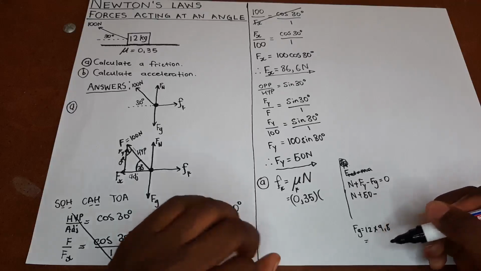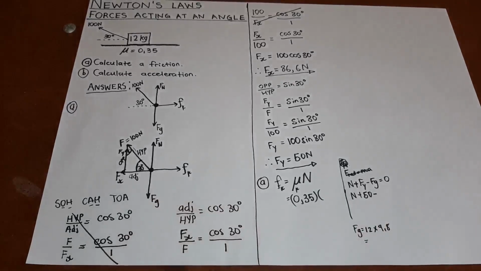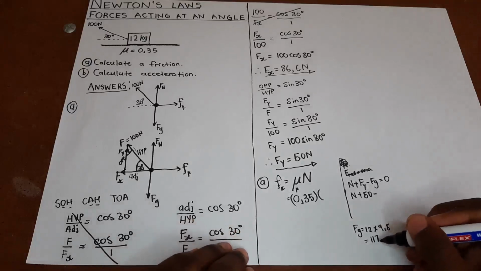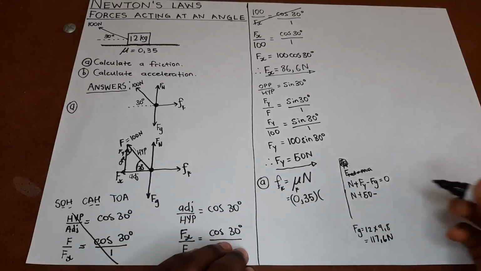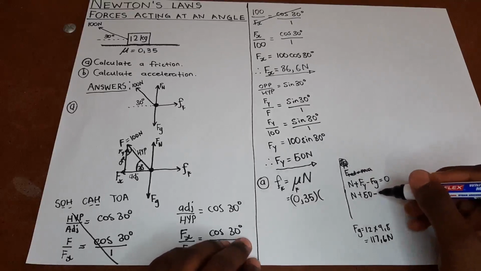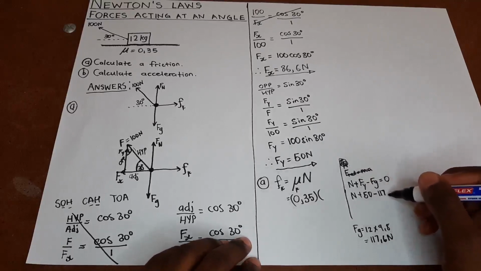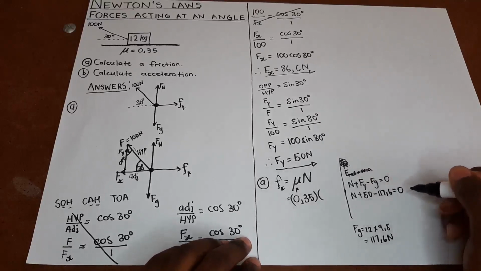Press your calculator. 12 multiplied by 9.8 gives us 117.6 newtons. So that's our gravitational force.